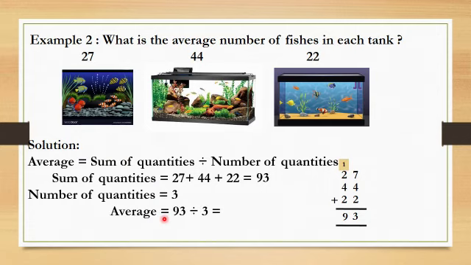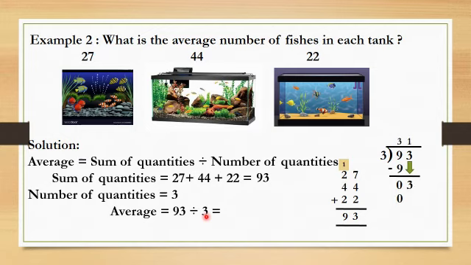Now the next step is to find the average, which is equal to sum of quantities, which is 93, divided by the number of quantities, that is 3. So 93 divided by 3 is, we do the working in the working column. 9 divided by 3 is 3, 3 3s are 9. We subtract. 9 minus 9 is 0. 3 is brought down.